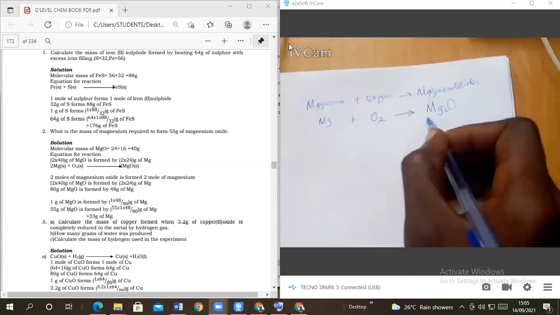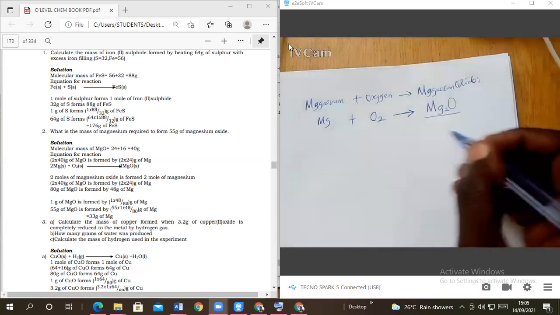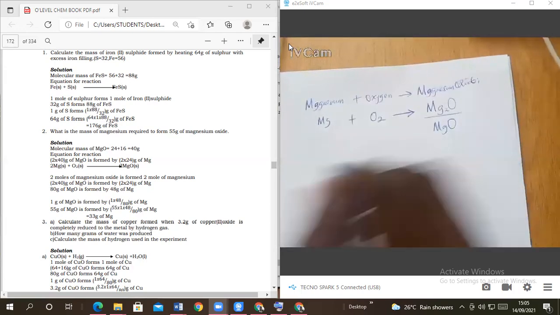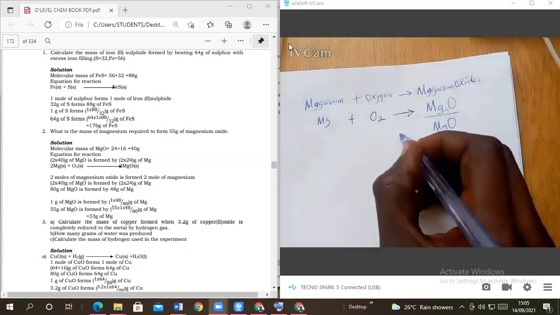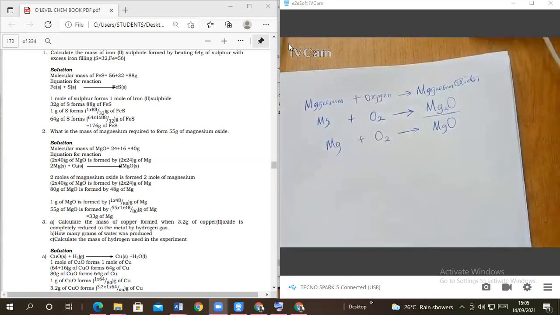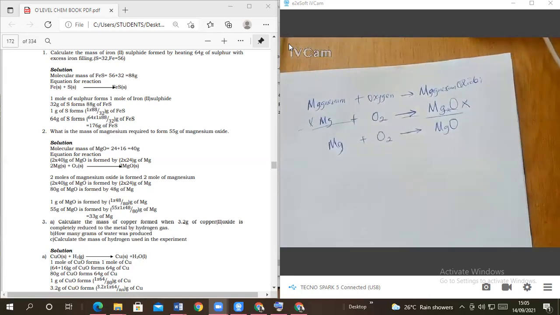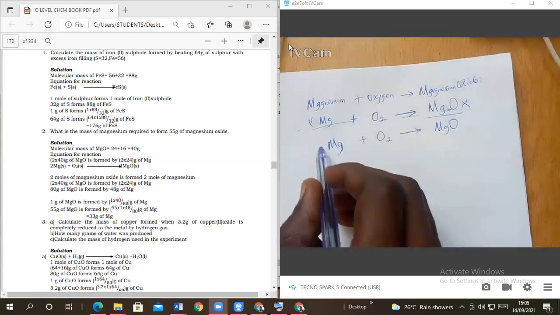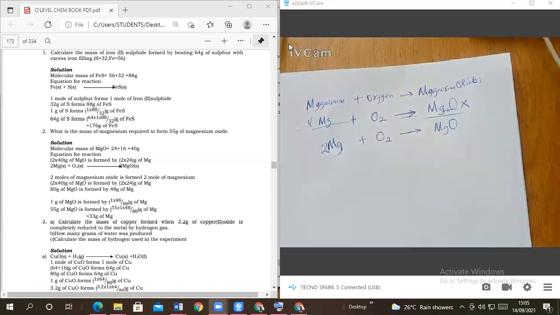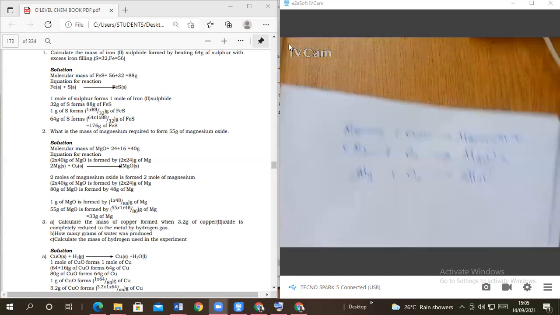This is a wrong compound. Who can correct this? It's MgO. Correct. Now, is this equation balanced? No. Help us balance. Magnesium has 2 molecules here. Okay, you put 2 on magnesium oxide as well. That is all you need.